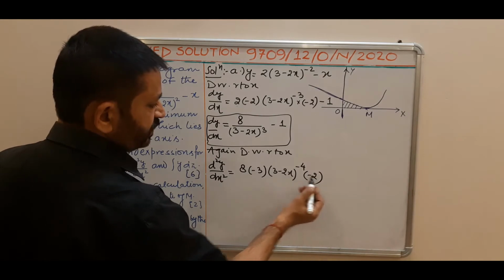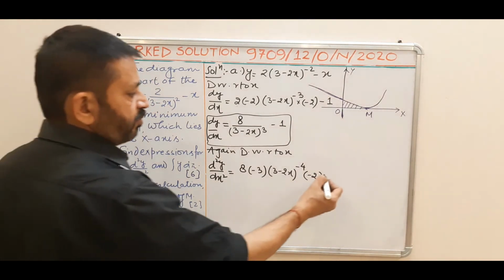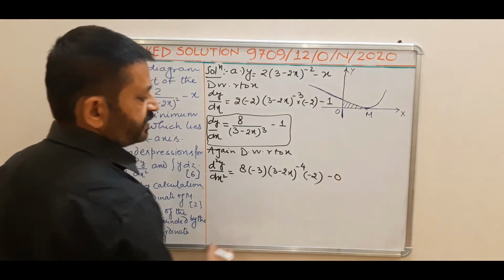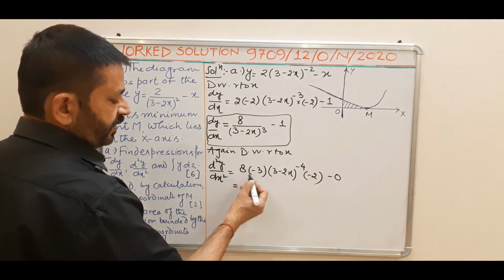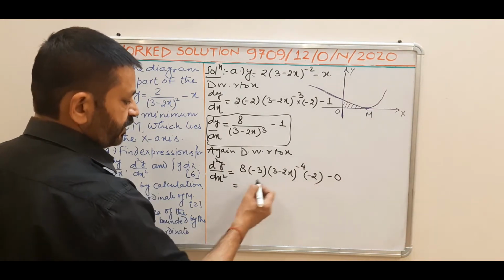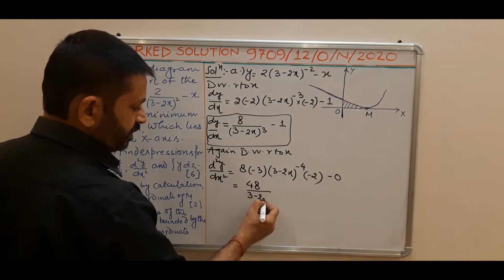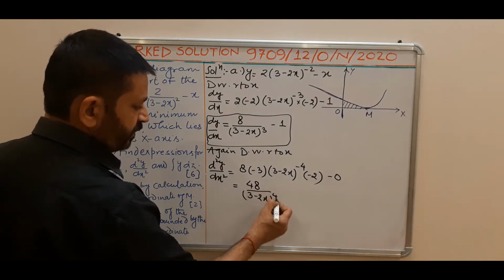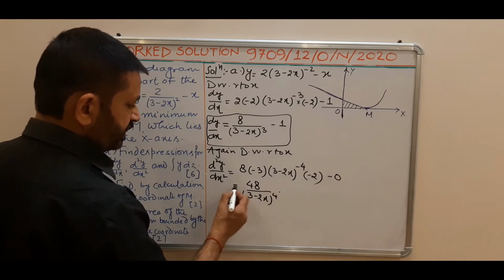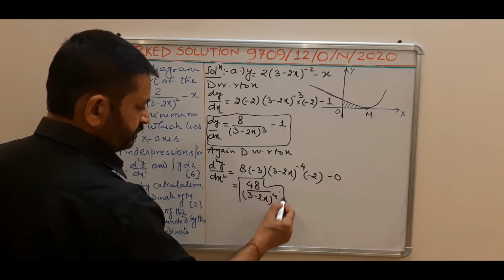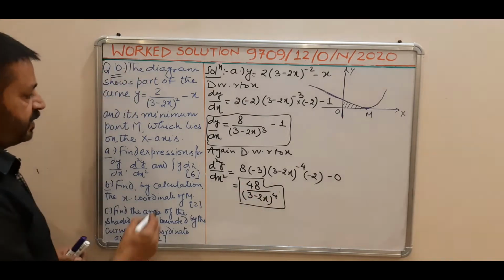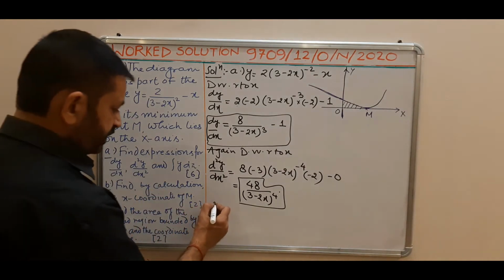The derivative of 3 minus 2x will be minus 2. Minus 1, its derivative will be 0. 8 into 3, 24, 24 into 2, 48 upon (3 minus 2x) to the power 4. This is the second derivative. Now the third part is to find the integral of y dx.